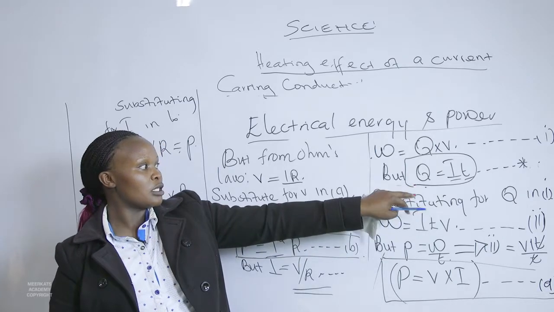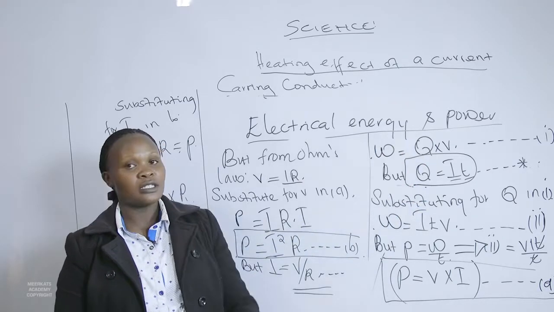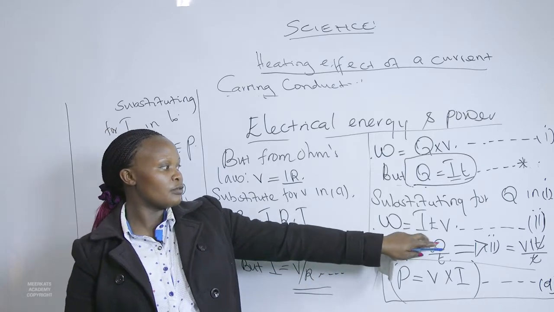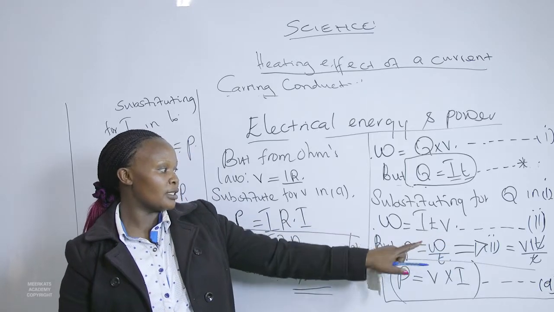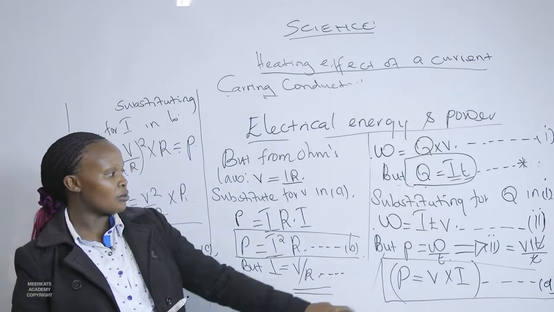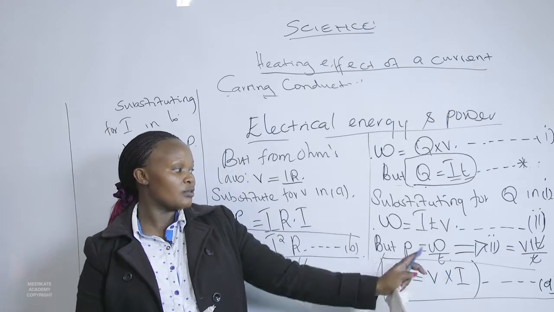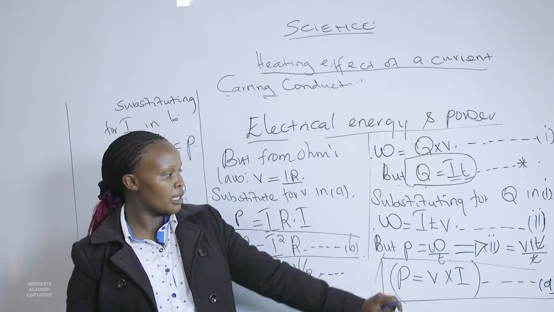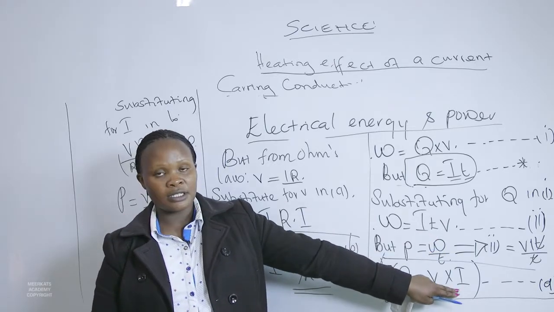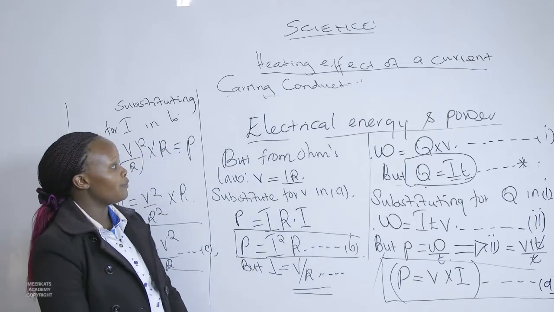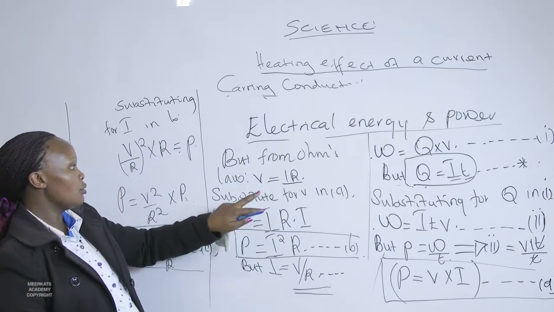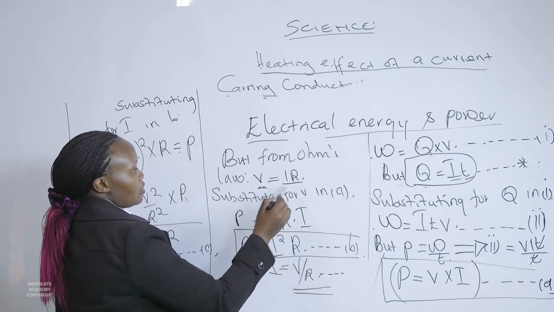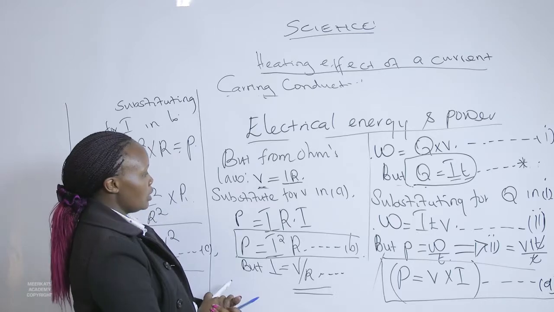You substitute for Q in your first equation, so that now work is given by the product of voltage, time, and current. But now we know that work divided by time is what gives us power. So you can divide the equation of work so that we can get the first expression of power. Now again, you note that from Ohm's law, voltage is given by resistance multiplied by current.